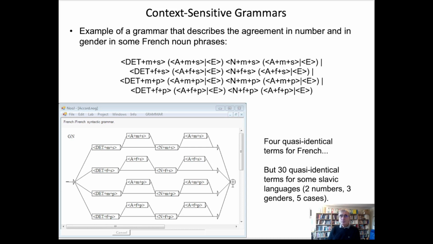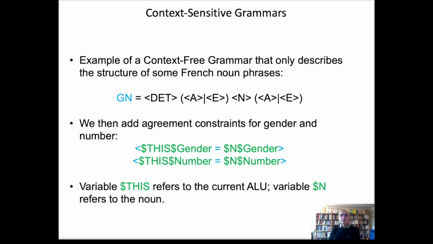We don't want to duplicate parts of the grammars 30 times. So the equivalent context-sensitive grammar would be very simple. We would first write a structural description of the noun phrase. For example, I just want a determiner, followed by an optional adjective, followed by a noun, followed by an optional adjective.